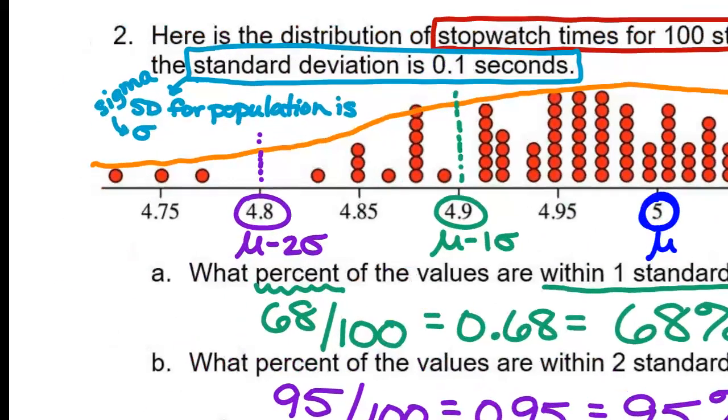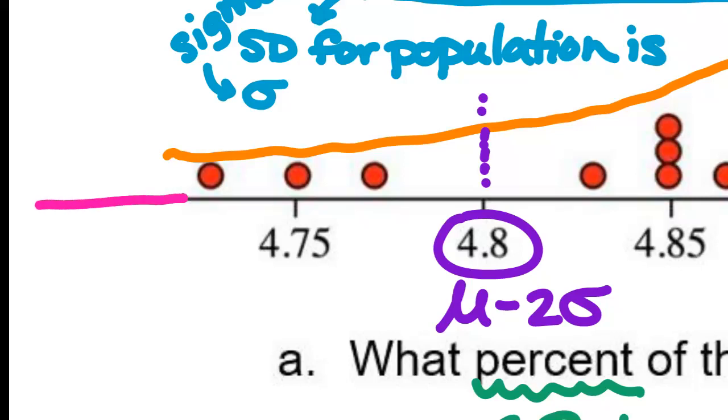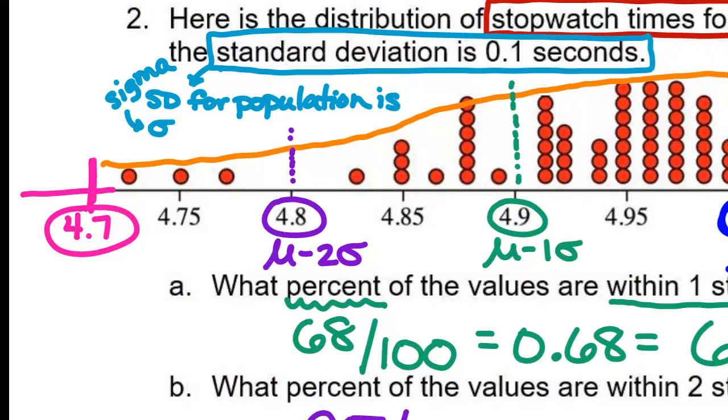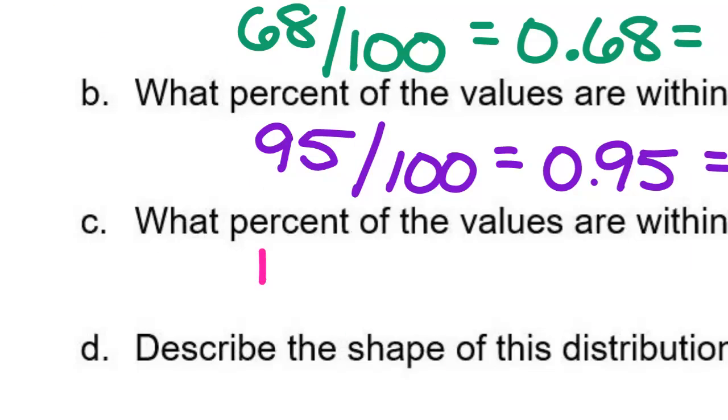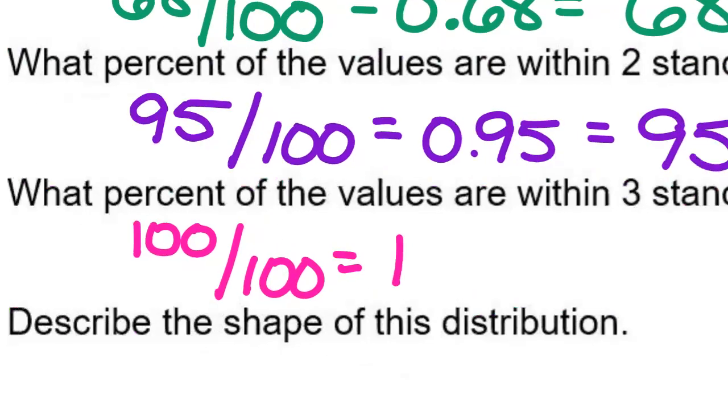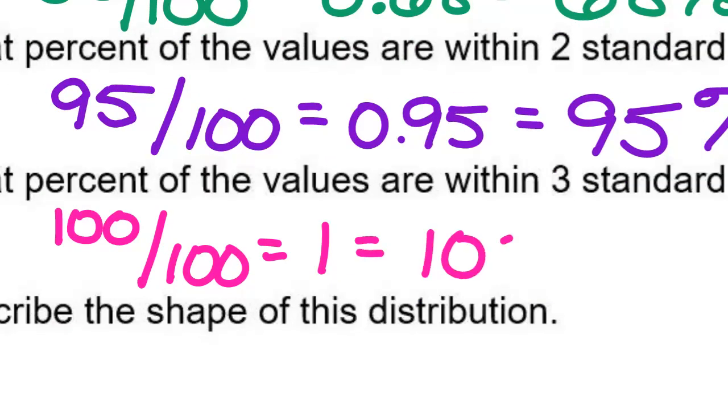And what about on the other side? 4.7, which would be about here. That is my mean minus 3 standard deviations. How many dots fall in between those two? 100. All of them. 100 out of 100. That would be 1, or 100%.